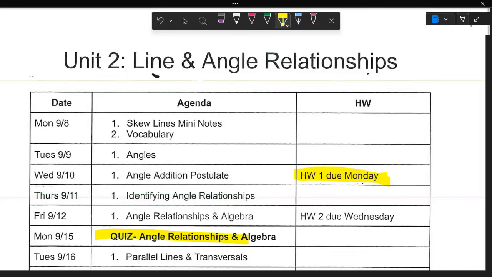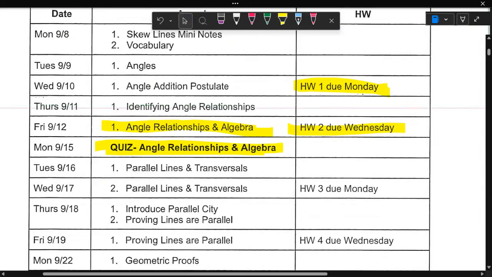That day we also have a quiz about angle relationships and algebra. When we start getting deeper into angle relationships and algebra is going to be on Friday. That day we also start our second homework, which is going to be due on Wednesday, the 17th. And that same day, we'll start our third homework and so on.